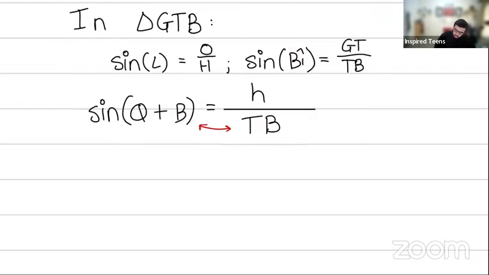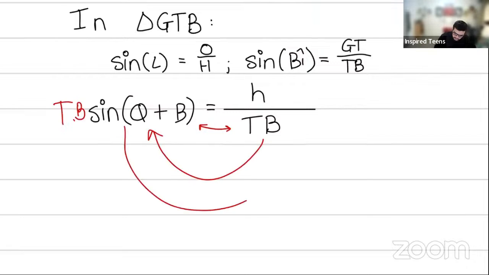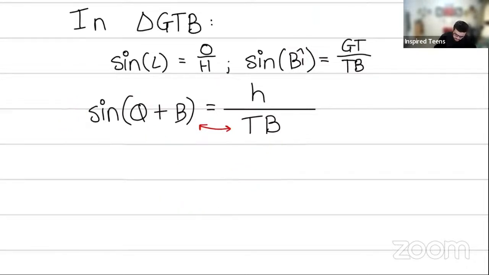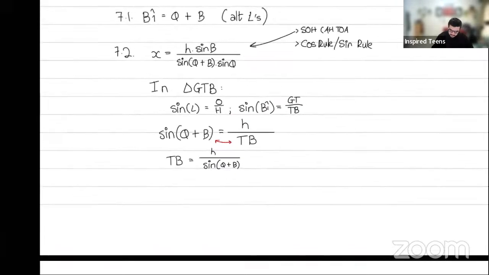Or you can take TB over as multiplication and then take this over as division and you'd get the same thing. So this becomes TB is equal to H over sine theta plus beta.